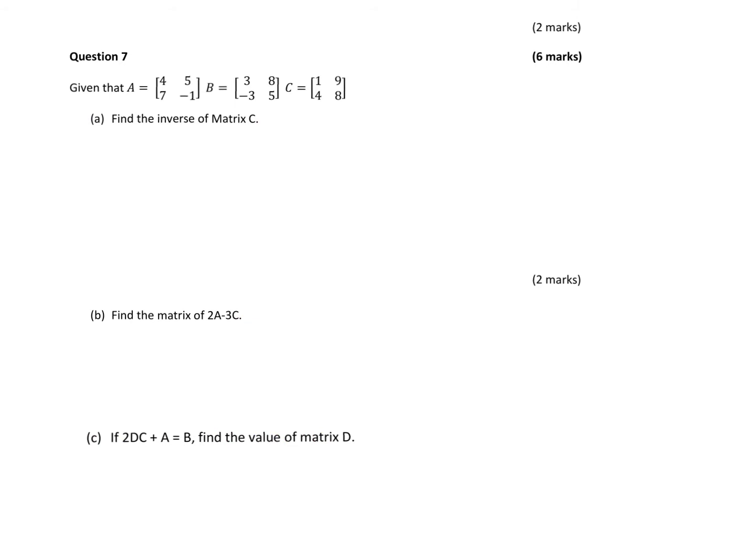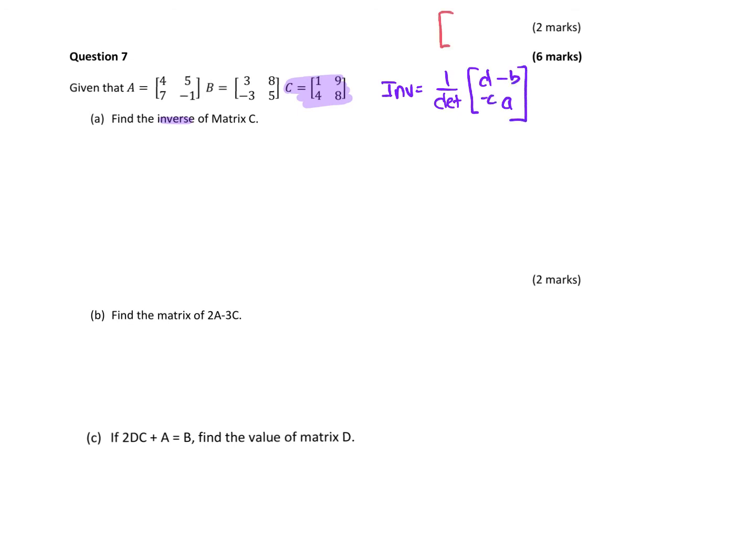This one up here, we're going to start looking at a few things. We've been given a few matrices, and it's asked me to find the inverse of matrix C. We need to remember the inverse formula: 1 over the determinant, where we swap these numbers and make these numbers negative.